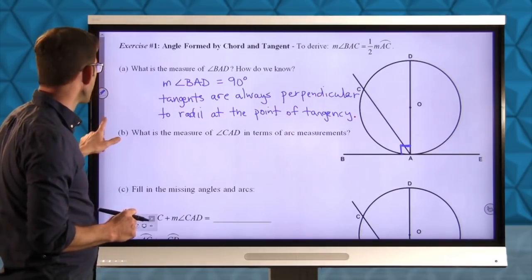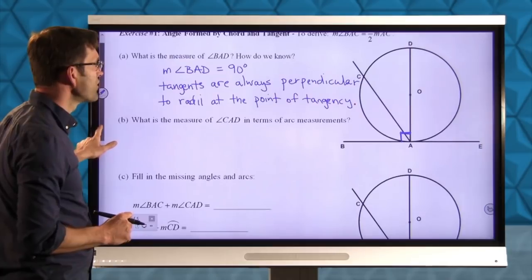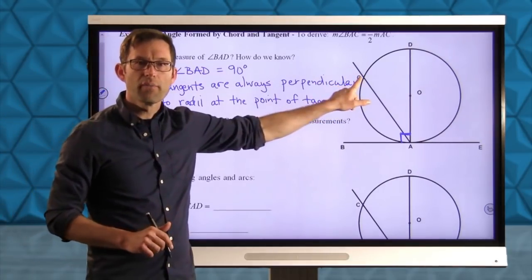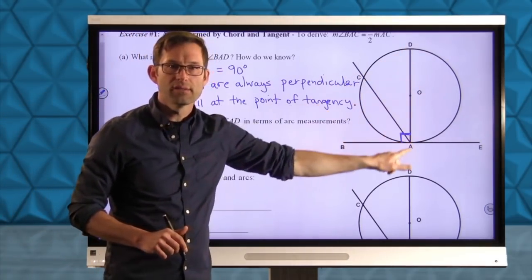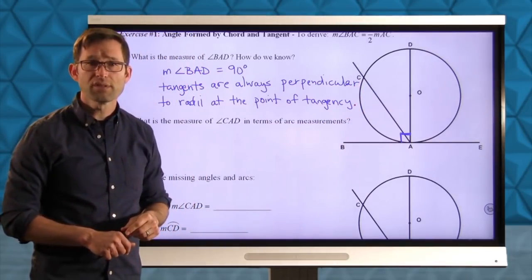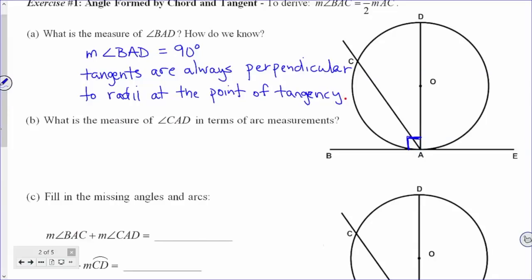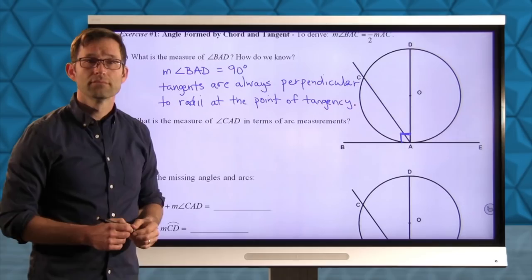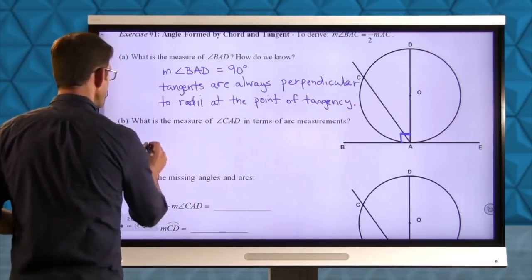All right, letter B. What is the measure of angle CAD in terms of arc measurements? So now I'd like to know the measure of angle CAD in terms of arc measurements. Yet again, pause the video and write something down here. All right, well, this one should be easy.